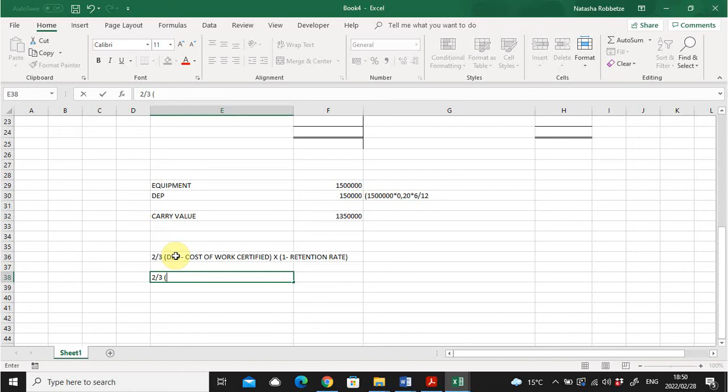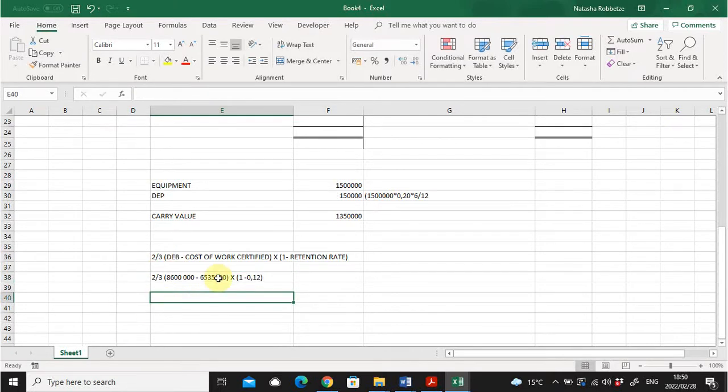Then I remember the amount for the debtors certified work was 8.6 million. We're going to minus from that the cost of the work certified, which I believe we calculated to be 6,535,000, and we're going to times it by 1 minus our retention rate of 12%. So it's 2/3 times the difference between your debtor amount and the work certified.